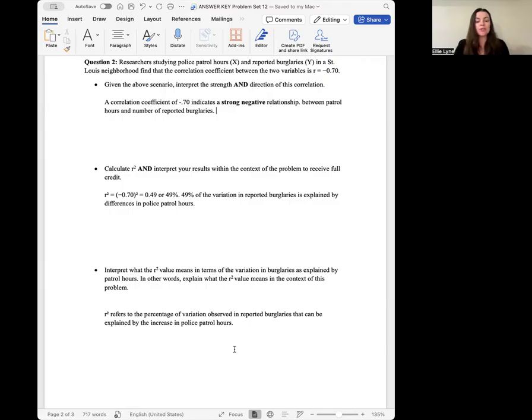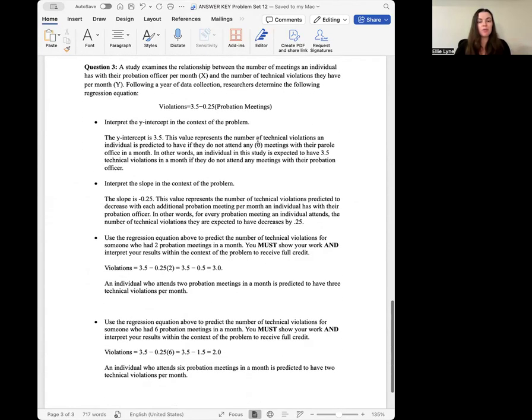R squared refers to the percentage of variation observed in reported burglaries that can be explained by the increase in police patrol hours. Again, same idea. If we were to add this idea of the fourth bullet point here, correlation does not equal causation. Didn't really feel the need to reiterate that this time around, but just keep that in mind. Again, in our social world, that would apply in the same way here for question number 2.